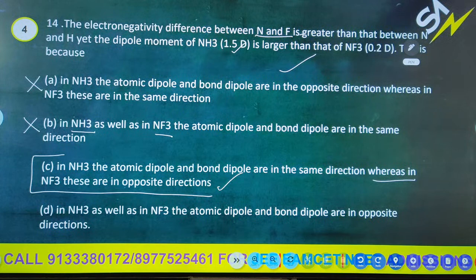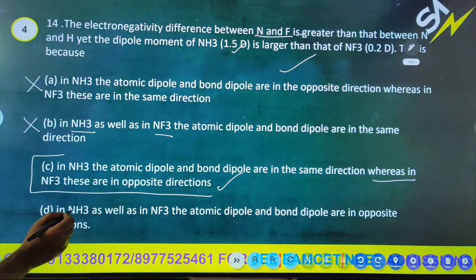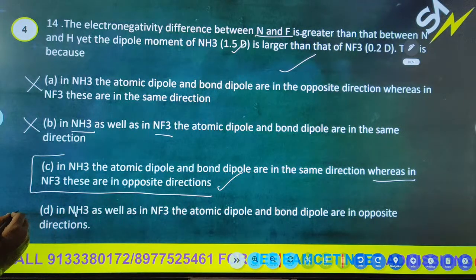Now option D: NH3 as well as NF3 have atomic dipole and bond dipole in opposite directions? No, so option D is also wrong. The correct option is C. Due to that reason only, the NH3 dipole moment is larger than NF3.